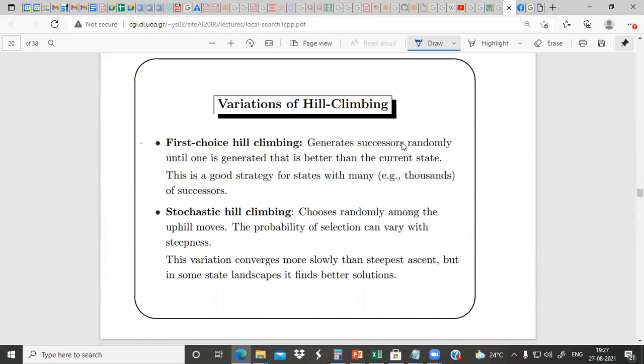So the first one is called first choice hill climbing algorithm. What it does is generate successors randomly until one is generated that is better than the current state. So currently you are here, and assume there are many successors, say 10 successors. Then it randomly generates one successor.